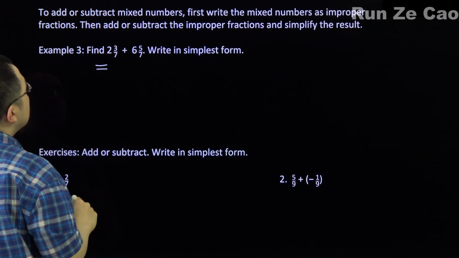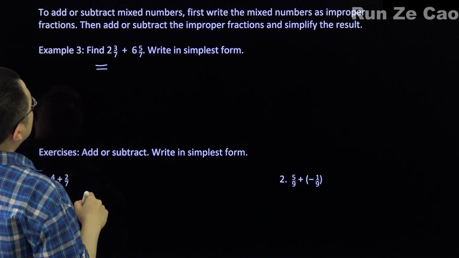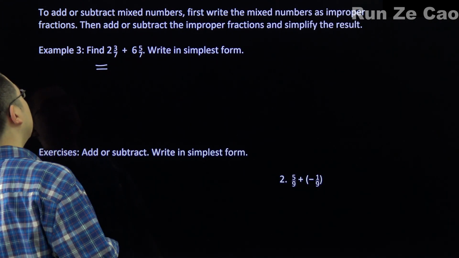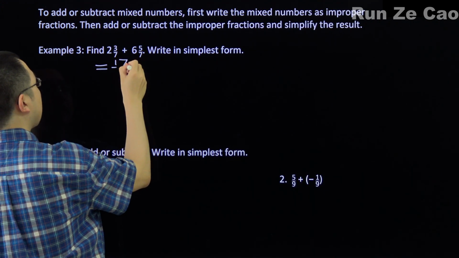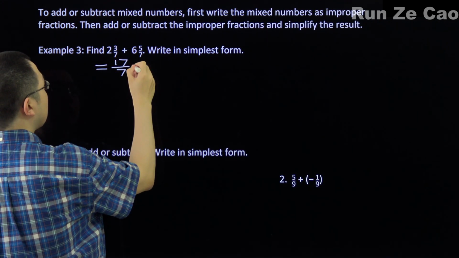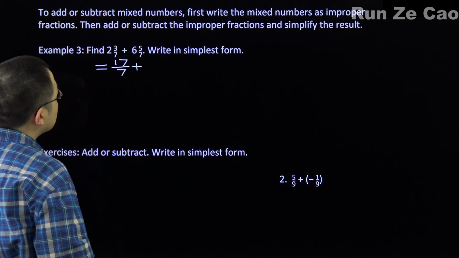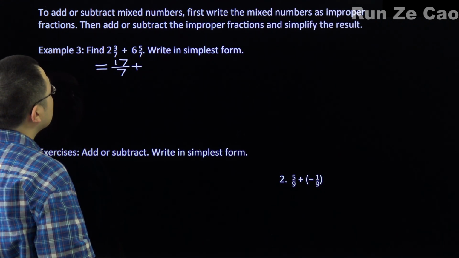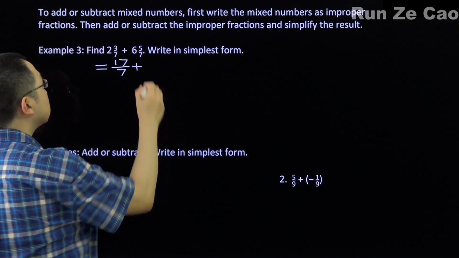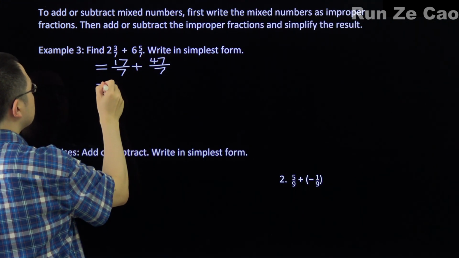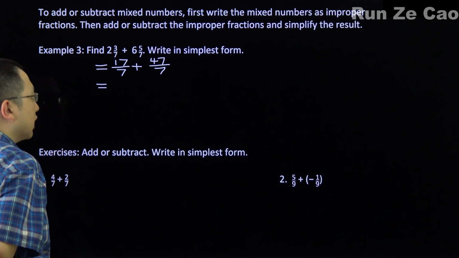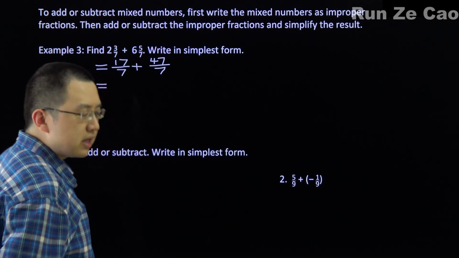So here, 2 and 3 over 7. What's that? 2 times 7 is 14, plus 3, 17 over 7, plus 6 times 7 is 42, plus 5, 47 over 7. So, 17 plus 47.